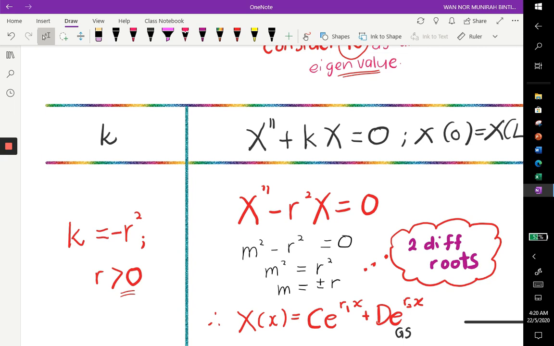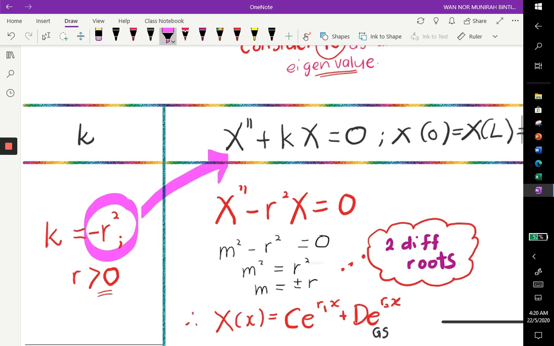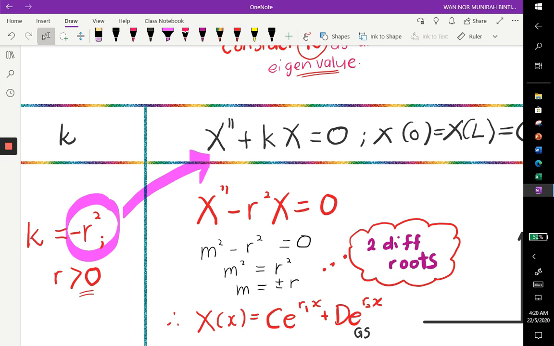When I choose k equals negative r square, I substitute into the equation, so I have x double prime minus r square x equals 0. Then I transform this equation into the characteristic equation.